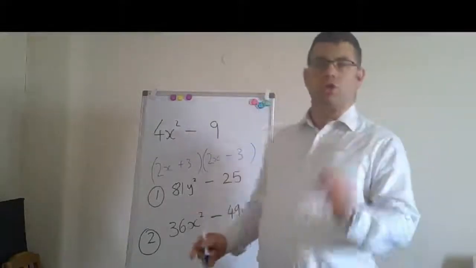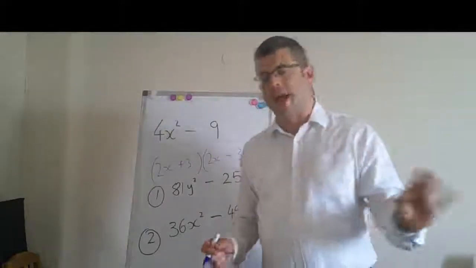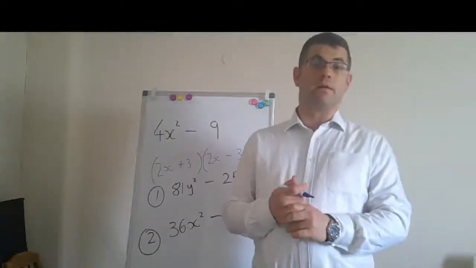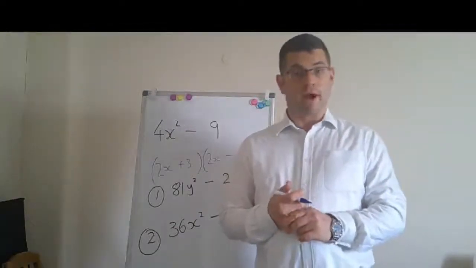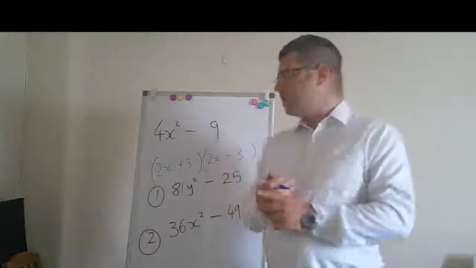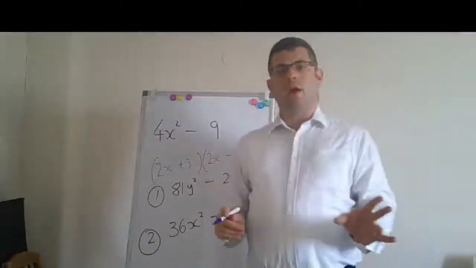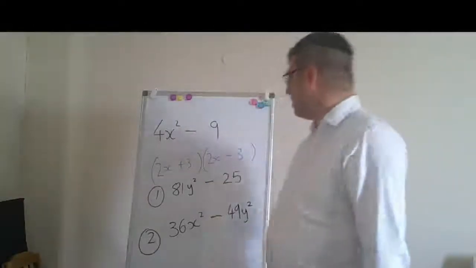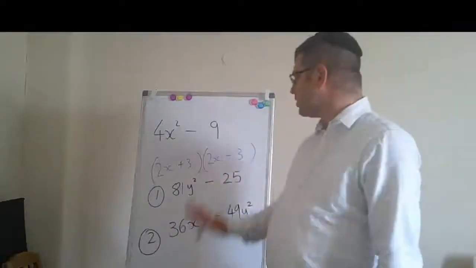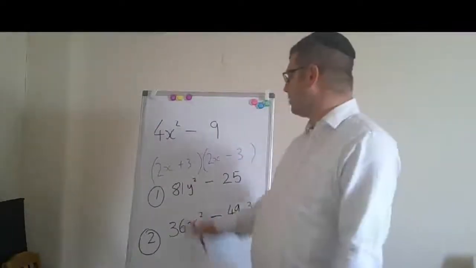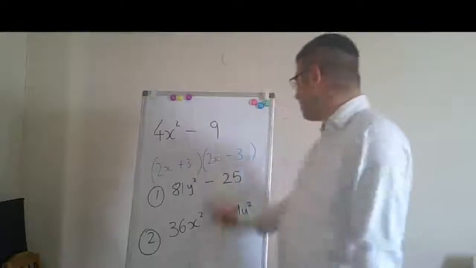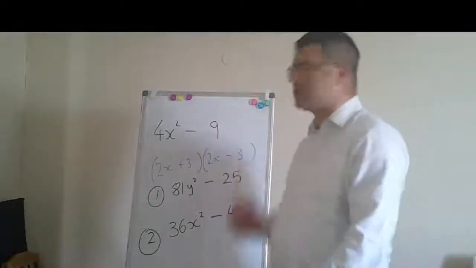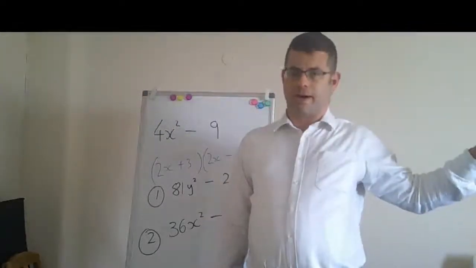Again, just always ask yourself, because there are many different categories of quadratics that involve the difference of two squares and other types as well. This is only applicable if you've got a minus in the middle, there's a missing middle term, and you've got something you can square root on the left, something you can square root on the right. If that was a plus, none of this is valid.